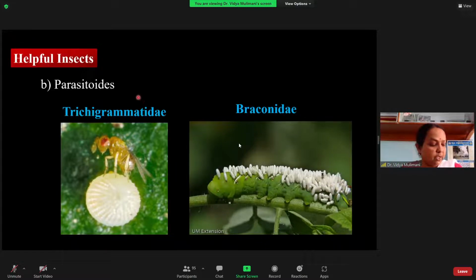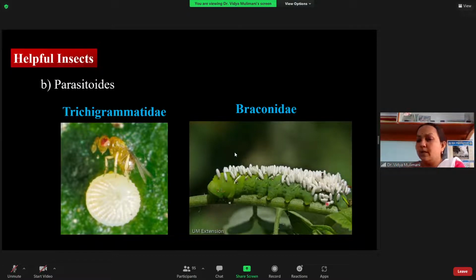Here you can see the adults are free living in the case of the parasitoid, but the immature stages depend on the host for the purpose of both food and shelter. For example, Trichogrammatidae, which is an egg parasitoid. It will lay its egg into the egg of the insect pest. So it completes all its life stages inside, and finally the adult will come out. Here you have the Braconidae.